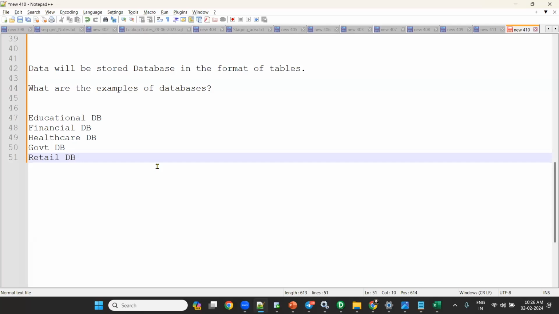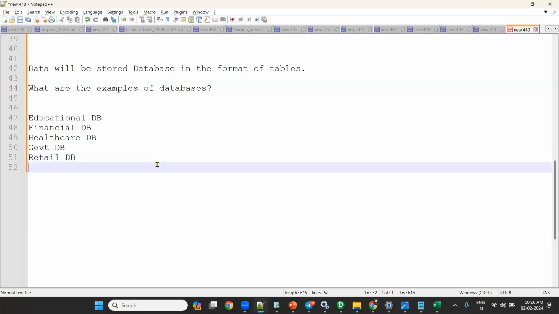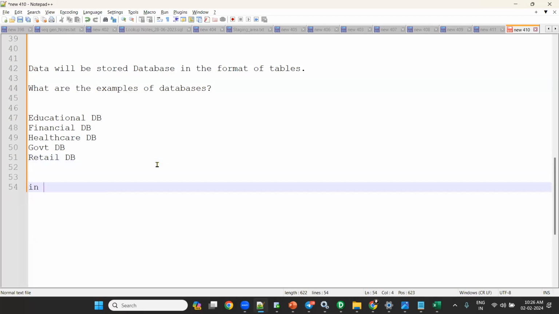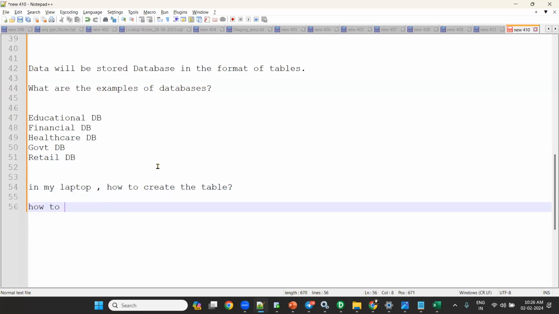Now, in my laptop, how to save this table, how to create the table, or how to see the table data in my laptop or in any laptop?